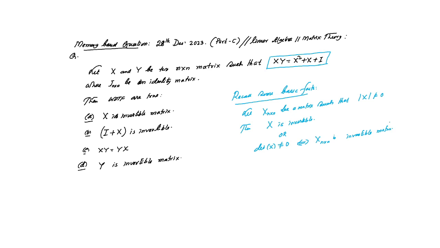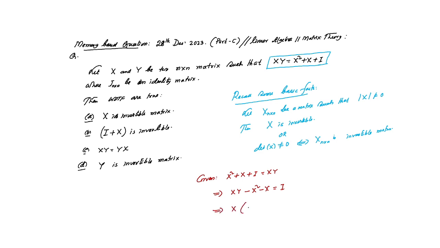So here what is the relation? Here the relation is given. The given relation is XY equals X square plus X plus I. So we can write XY minus X square minus X equals the identity matrix.